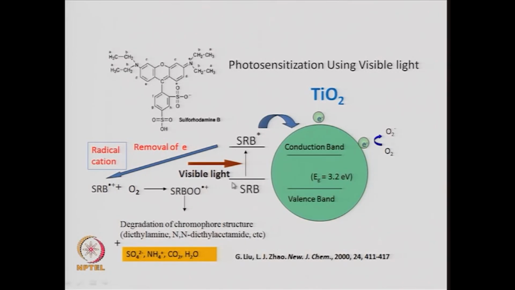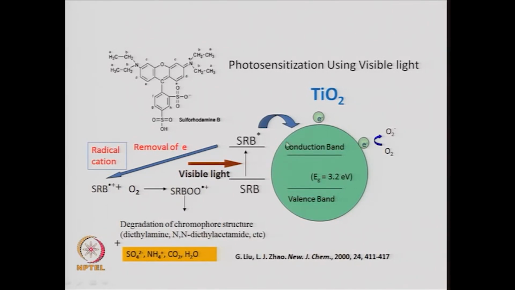So, the visible light is basically taken up by the sulforhodamine B dye here, and an electron gets excited, and in the excited state the sulforhodamine B then transfers an electron to the conduction band with which it has an interface.